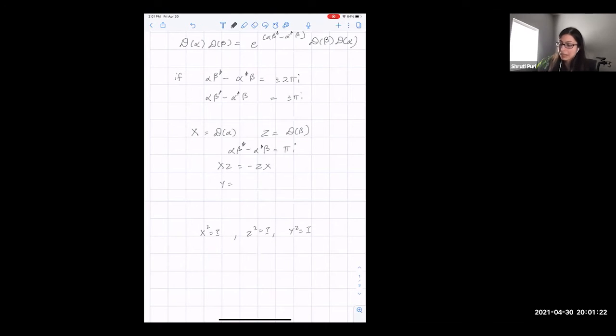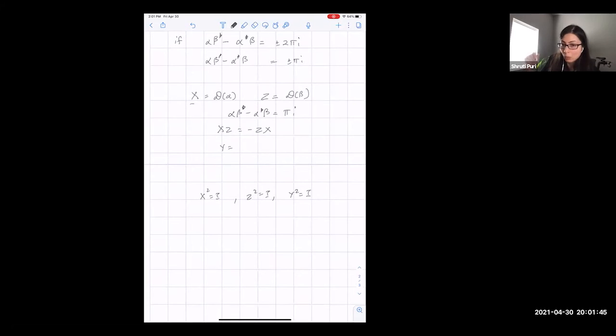Now that means that in my code space, the action of X squared, Z squared, and Y squared has to be like identity for me to be able to call these Pauli operators.